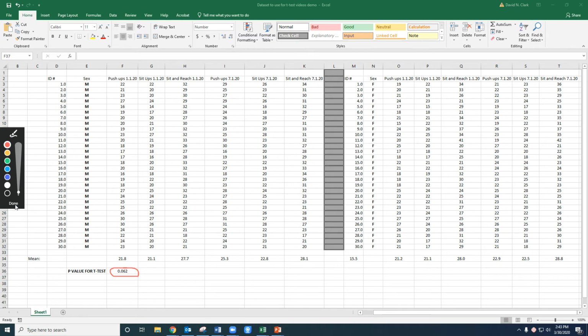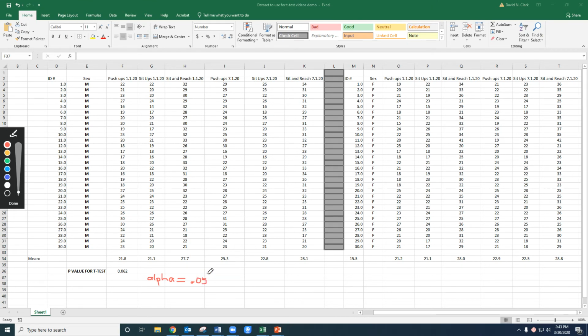Now, look, if we set our alpha at 0.05, we're saying anything above 0.05.